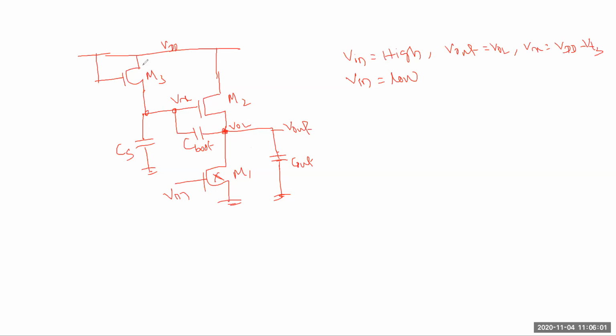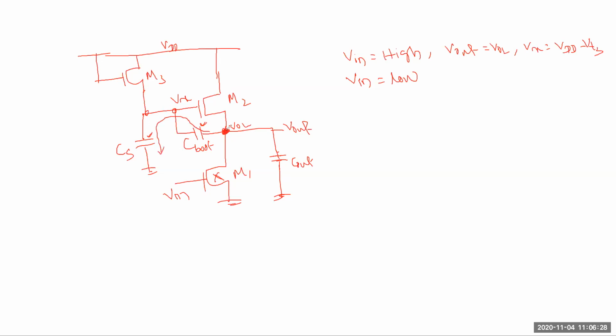So here you can see there is no current flow here. When this node voltage increases, everything is steady state, so the capacitor is charged to some voltage. Here also it is charged to some voltage. But when there is a change in voltage here, it will try to flow a transient current in this path.